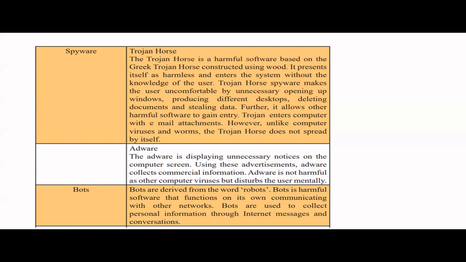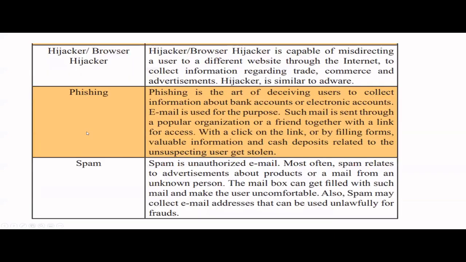It can enter using email and other ways. But remember the difference: viruses and worms can replicate and spread by themselves, but a Trojan horse does not spread by itself. It enters the system in a friendly manner, but it really harms the place.